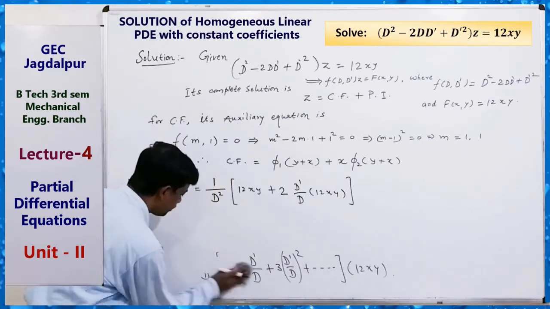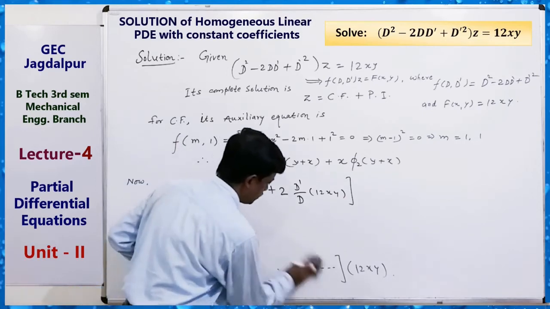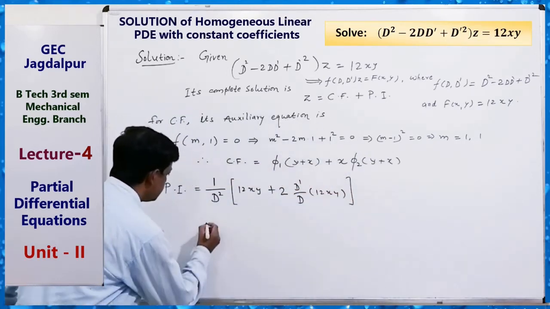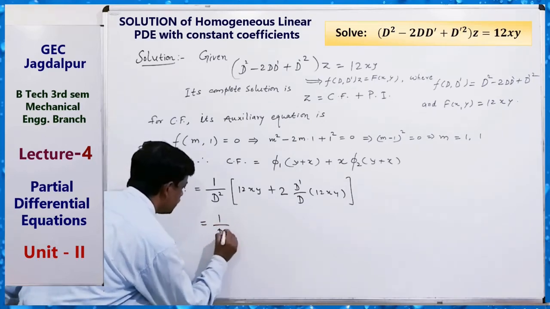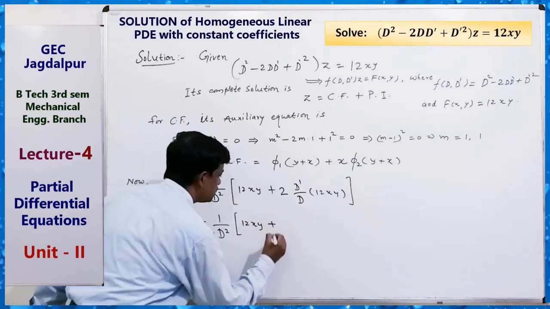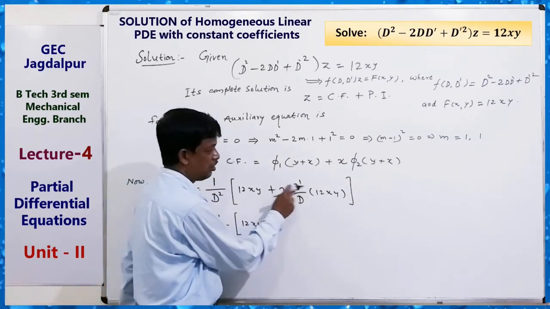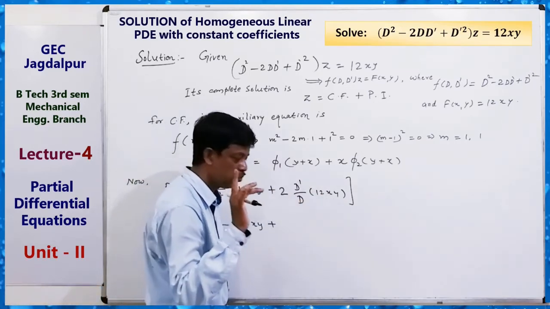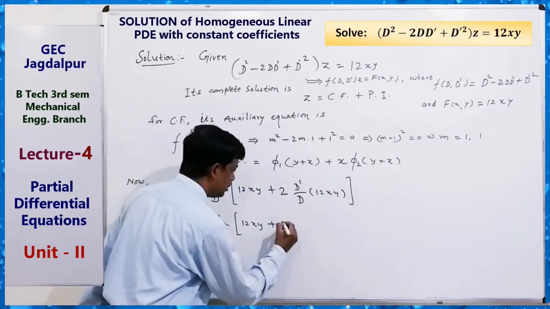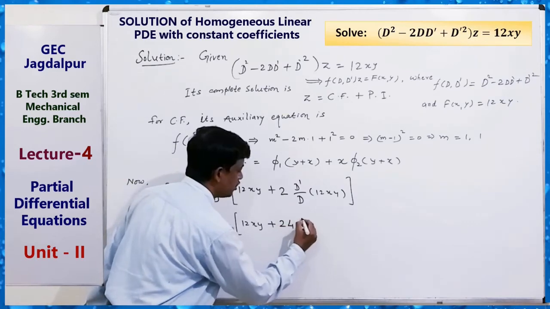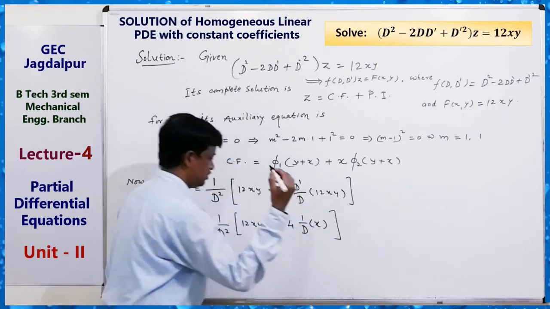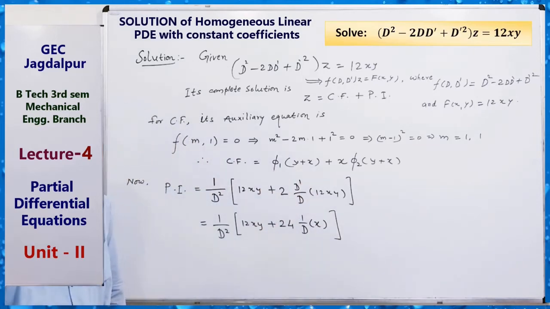Okay. Now this is equals to 1 upon D² of 12xy plus D' of this with respect to y gives 1. So 12x times 2 is 24, 1 by D of x. This clear?